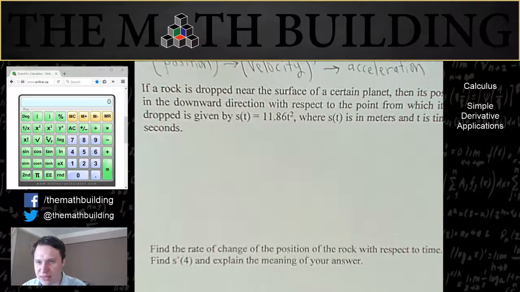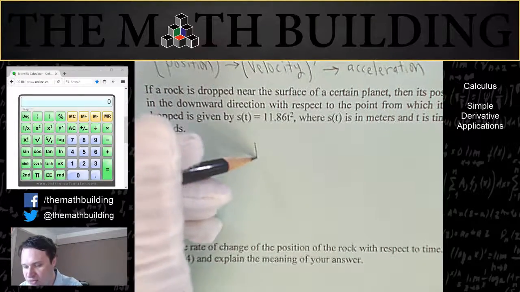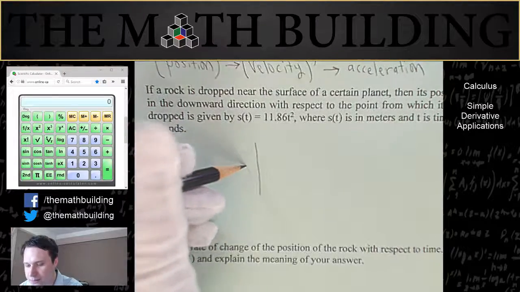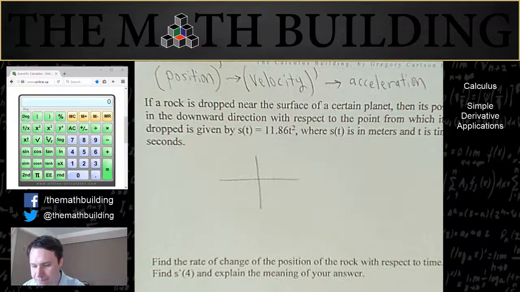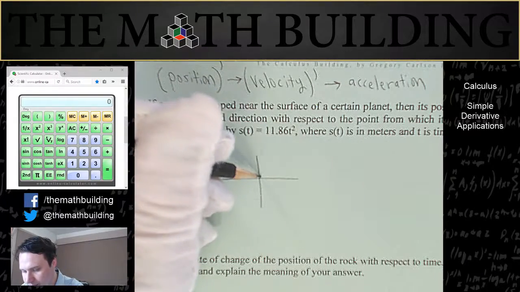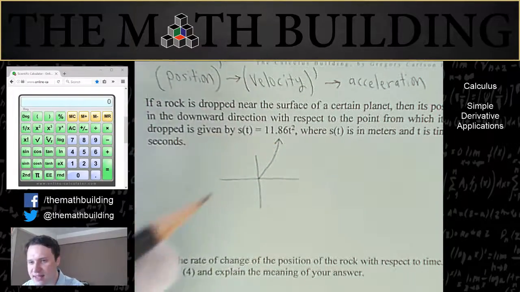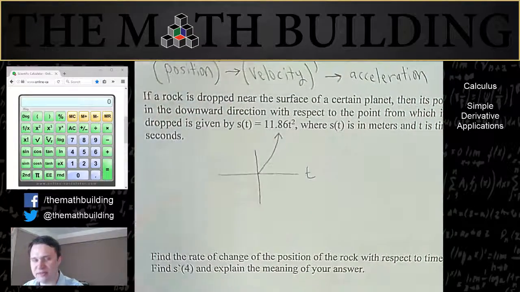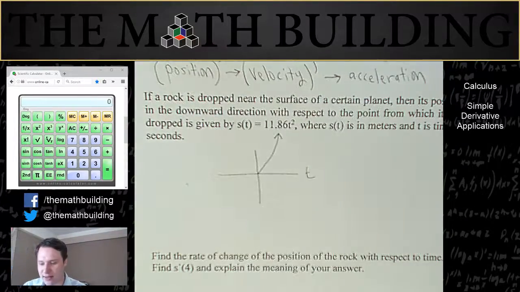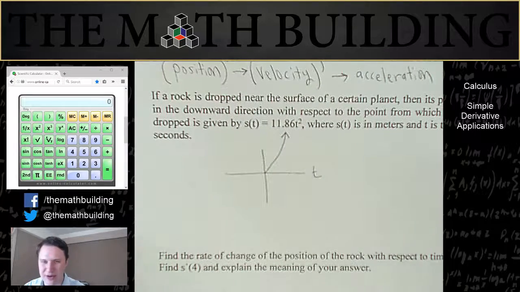So we've dropped this, and the position of the rock with respect to time would look like this. It makes sense that this graph would be going up after we dropped it, because it's getting further and further away. Maybe we should have put a negative sign on there, but it's okay. We'll just keep it positive for now.